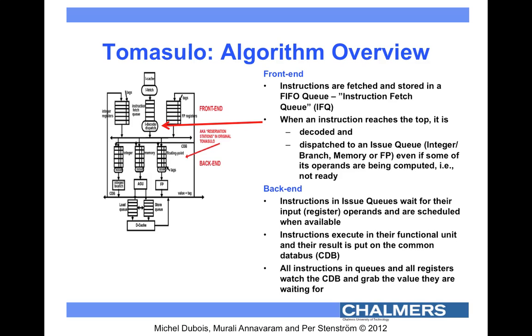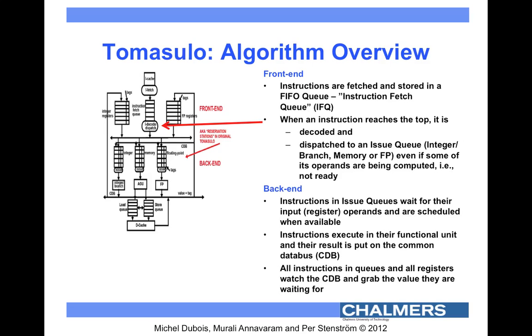When an instruction reaches the top, it is decoded, and the type of instruction will dictate which execution unit it should be dispatched to. With each execution unit there is an issue queue, and the instruction will simply be dispatched to that. In contrast to the pipelines we have seen before, in the decode stage we don't read the operands.